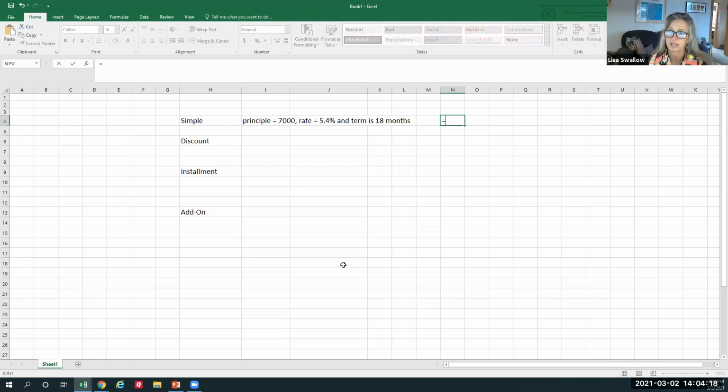Equals 7,000. And then it's out of 12 months, right? Like you have 18 months, but you want to do out of a year. So just to clarify, whenever I give you a rate, that's always an APR, an annual rate, but it's under your T where you convert it to 1 month or 5 years or whatever.